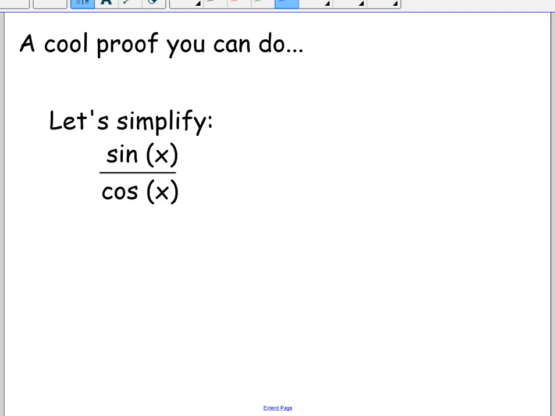So one cool proof that you can do, this doesn't super fit in here, but I wanted to tell it to you because you need to know it later, is let's just quickly simplify sine of x divided by cosine of x. So sine is the opposite over hypotenuse, over cosine, which is the adjacent over the hypotenuse. And we're using those letters to stand for the lengths of sides of a triangle, right?